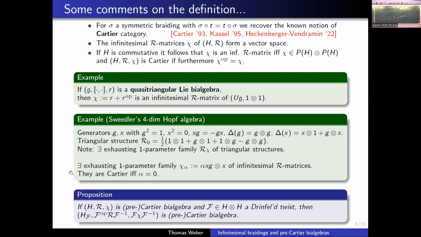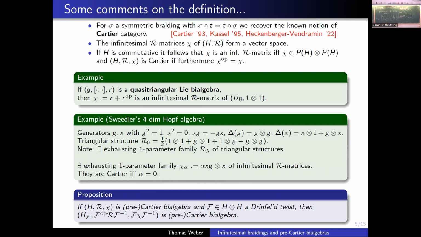And we classify all possible infinitesimal R matrices on Sweedler's Hopf algebra. And all of them are of this form here. And notice that the only one that satisfies this extra commutation property with R is the 0, 1. Yeah, so this is really one of the more general classes.